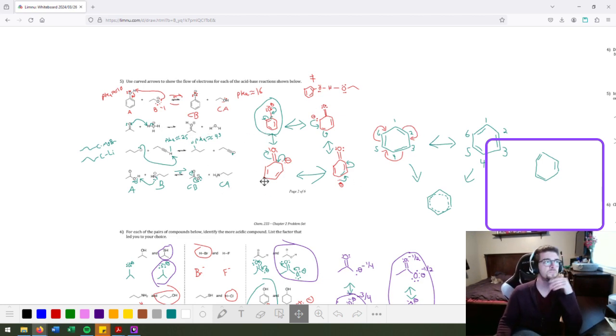We talked about how in these equilibria, the equilibrium will always favor the side of the reaction that contains the weakest acid.